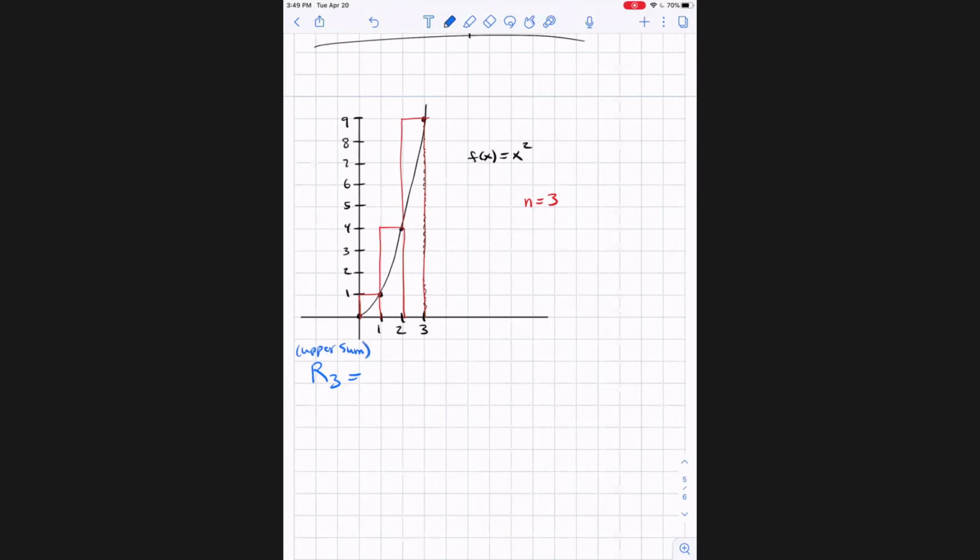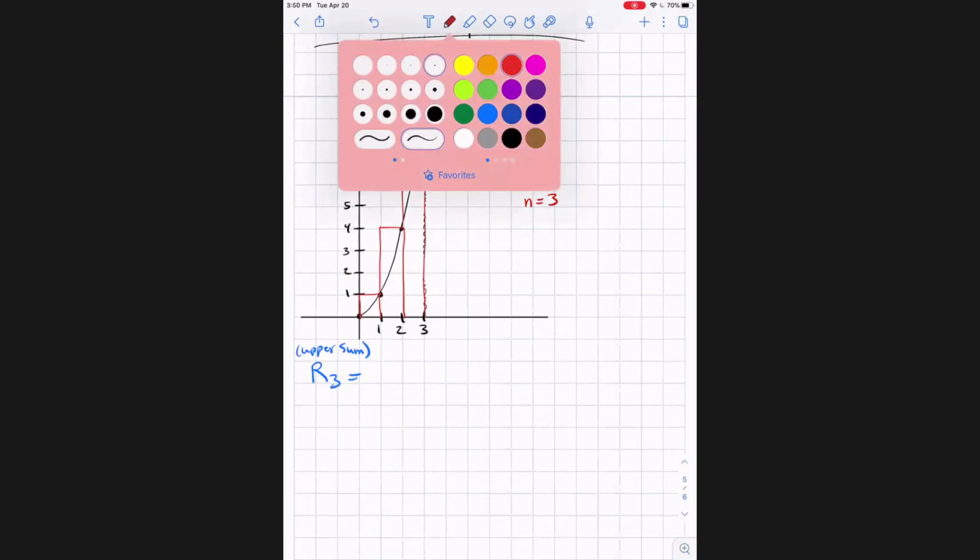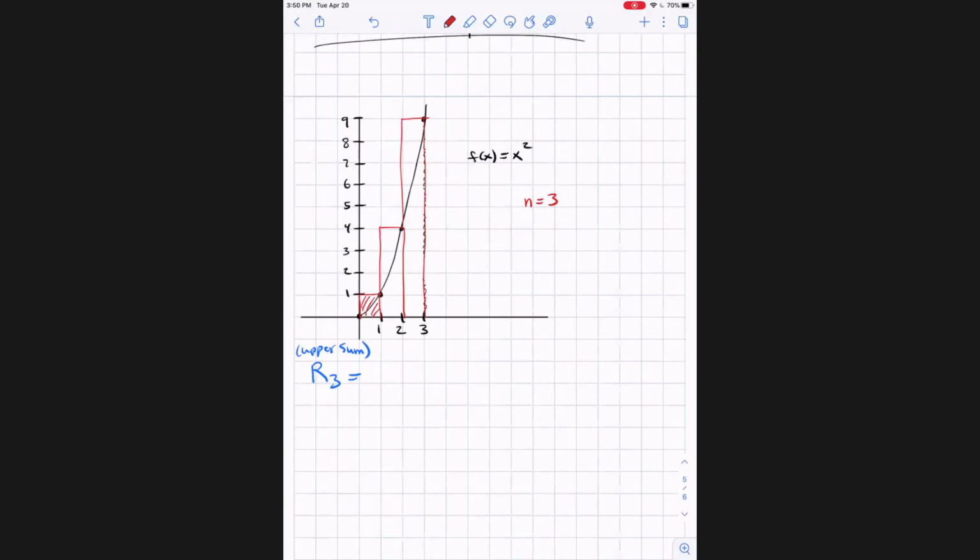Now, how do I get the area underneath the curve? What I'm going to do is approximate by getting the areas of these rectangles. What's the area of this first rectangle? 1 times 1, right? Because it's width times length. Plus, what's the area of the second rectangle? It's 1 times 4.